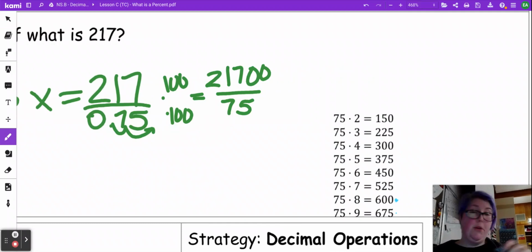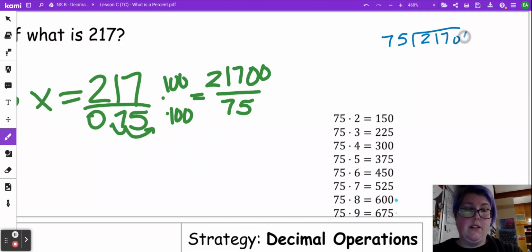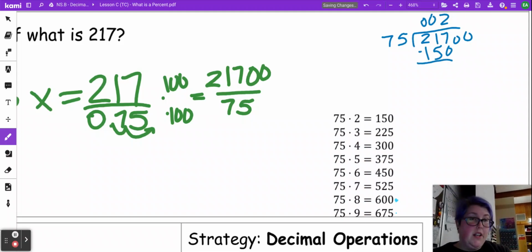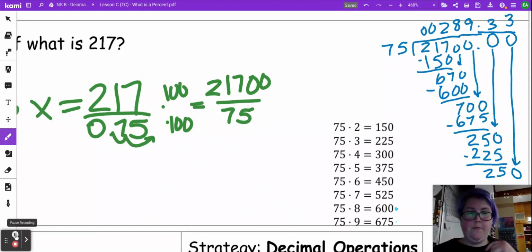That is a super duper helpful shortcut that we are going to use. So let's set up our long division. Well, 217 is close to 150. So we are going to put our zeros there. We're going to do 2. We're going to fill that in, perform the subtraction. So pause the video, do your own division, come back and check your answer.